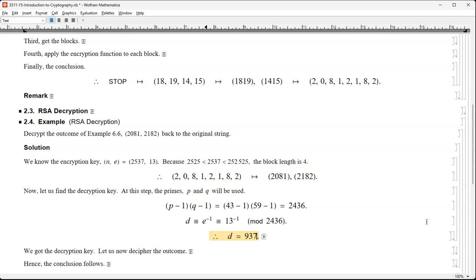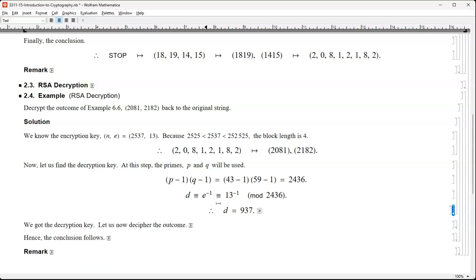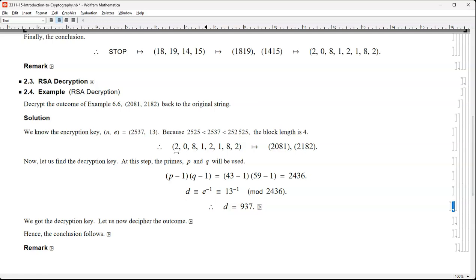We went through all those in lesson 2 and lesson 3, so I'll leave you there. If you do it right, 937. So that's the decryption key. Once you have the encryption key and the decryption key, P and Q will be discarded and no longer used, so that nobody will be able to track it down and break the entire system.